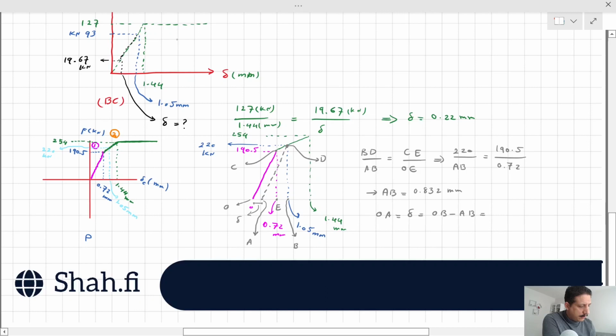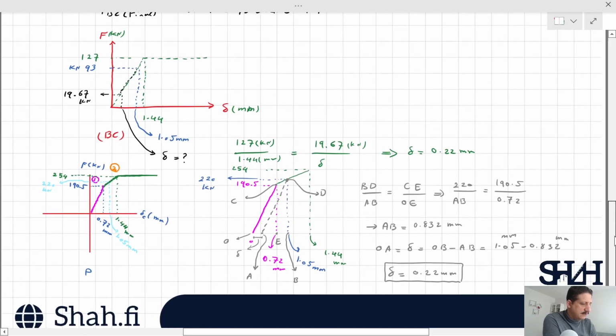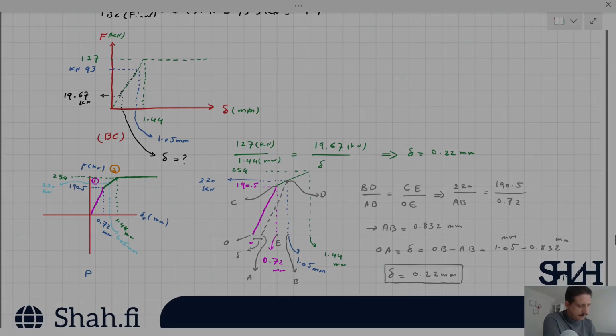OB is 1.05 millimeter minus 0.832 millimeter, and delta will be 0.22 millimeter. The same value as we calculated from the BC element.